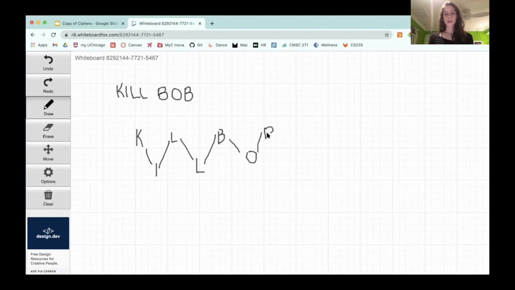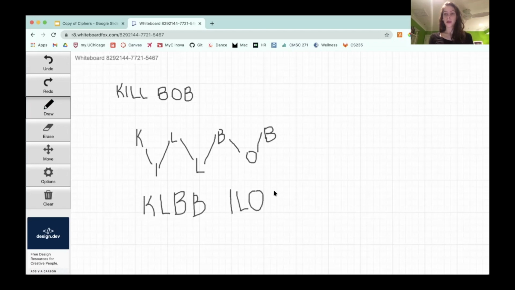So then the message that we would be giving to someone would look like this. We'd write out the top of the cipher. So we get K, L, B, B, and then across the bottom, I, L, O. So we get I, L, O.